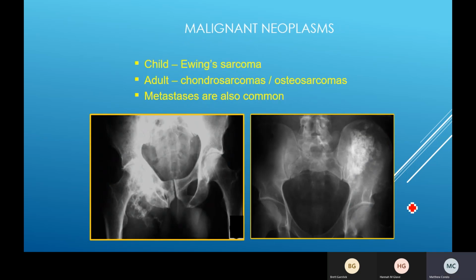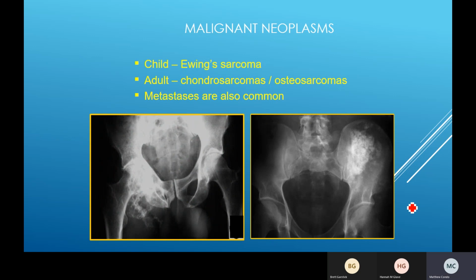Ewing sarcomas are going to be more indicative and more prevalent in children. So if we have a child that comes in with pelvic pain, SI pain, hip pain, whatever it is, and they're showing some kind of weird signs and symptoms, we probably need to get them in and screen them for a Ewing sarcoma.